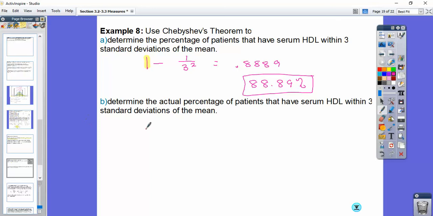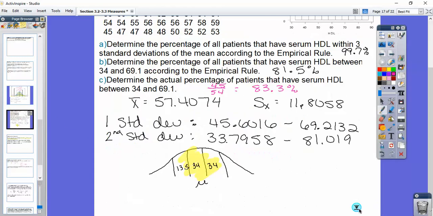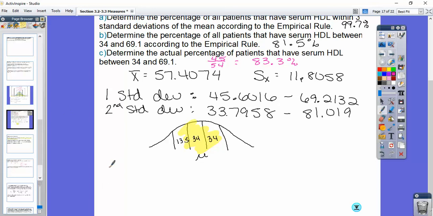Determine the actual percentage of patients. So if we look back at that data here, we already calculated the first and second standard deviation.